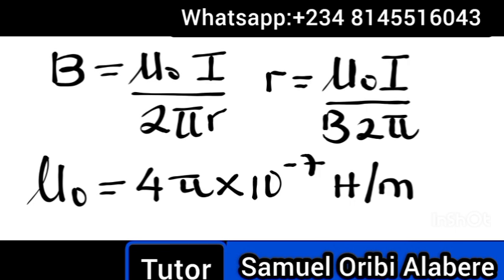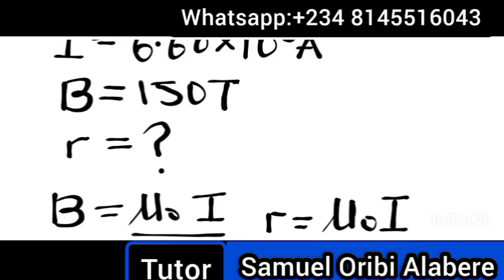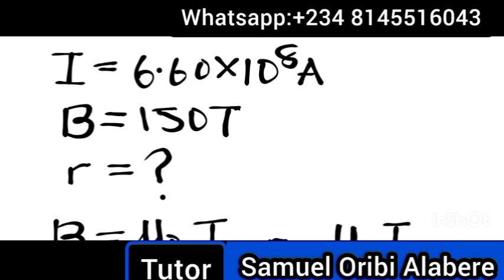So in this case, we are now going to substitute our initial values that we have stated before, which is I is equal to 6.60 times 10 raised to power 8 ampere. B is equals to 150 Tesla, which is the magnetic field of the straight wire. R is not given. That's what we are expected to find.